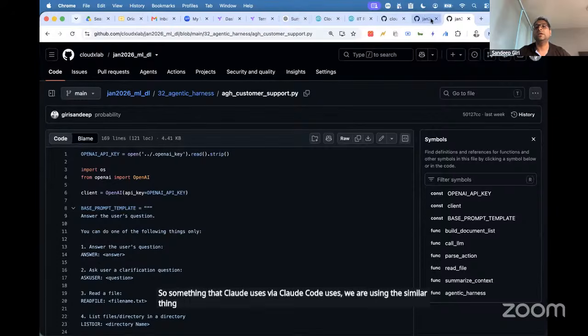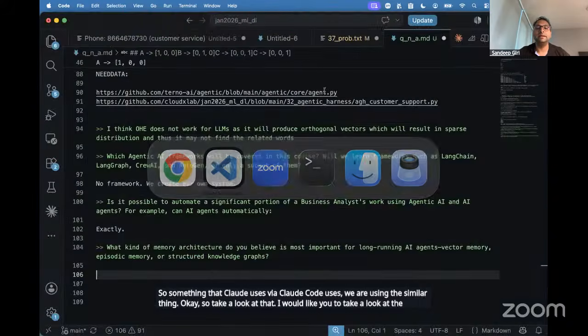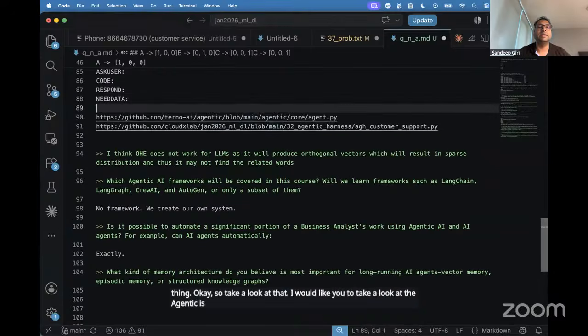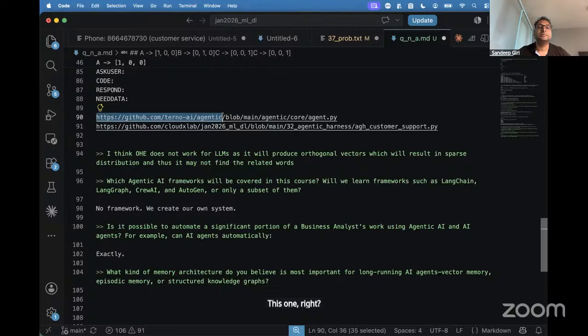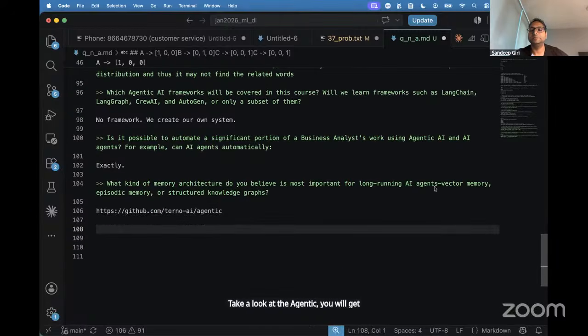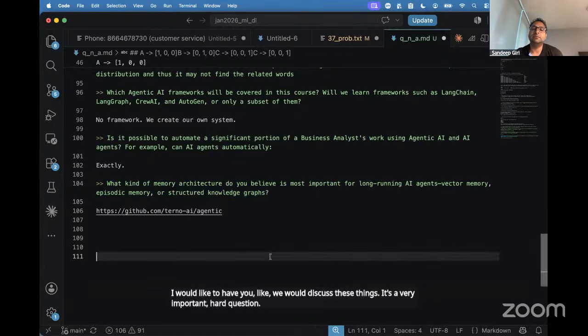Take a look at the agentic repository. You will get your answer. It's a very important, hard question. We would discuss this in much more detail during the class.